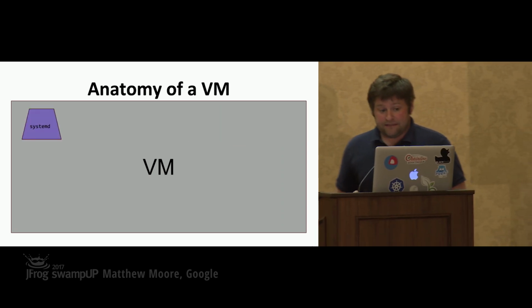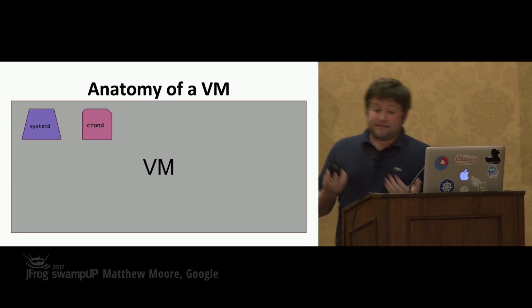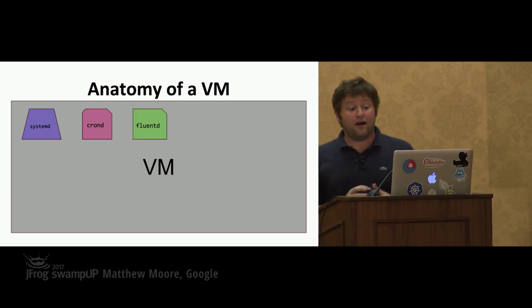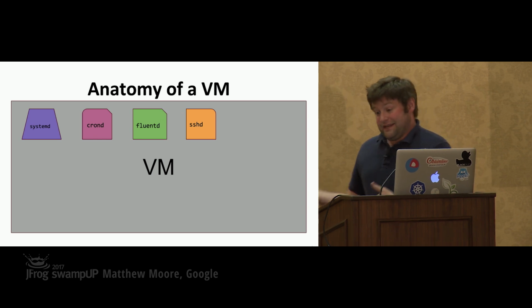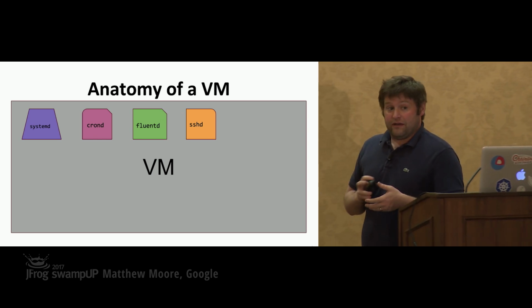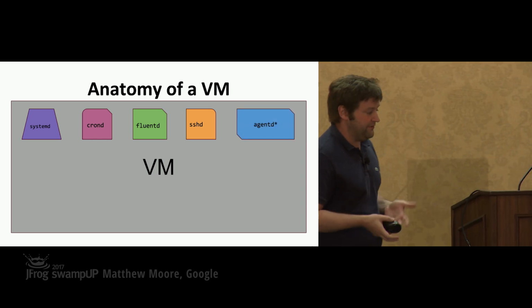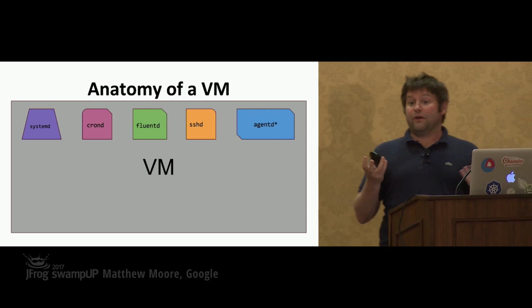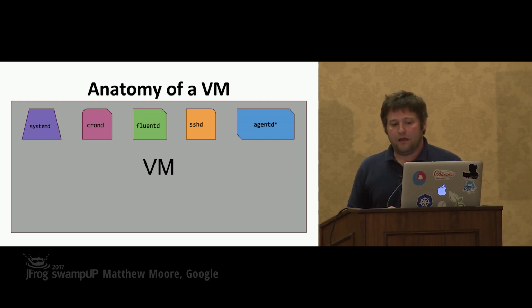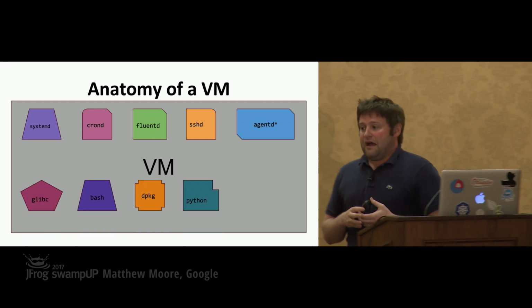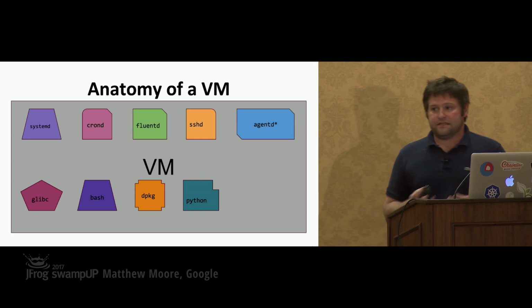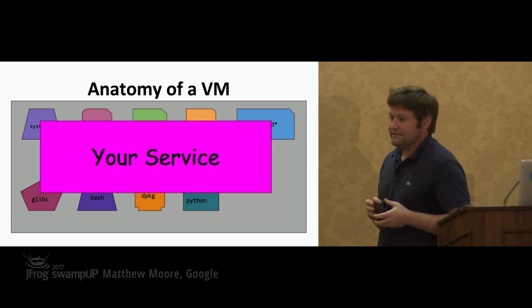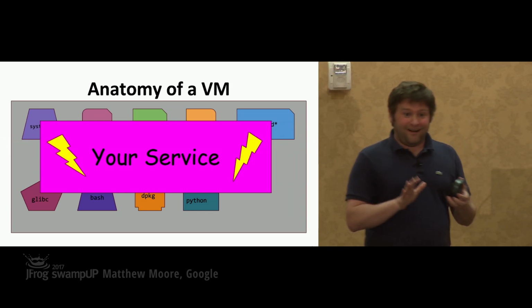You have a lot of daemons, you've got stuff that keeps stuff running, you've got stuff that runs stuff periodically, you've got stuff that rotates your logs, stuff that allows you to connect to the node and debug what's going on, as well as fill in your favorite agent for collecting metrics about what's going on, health of your software, et cetera. You've also got an assortment of libraries and utilities, and all of this is ultimately just in support of running your service, which is the most important thing on that VM.